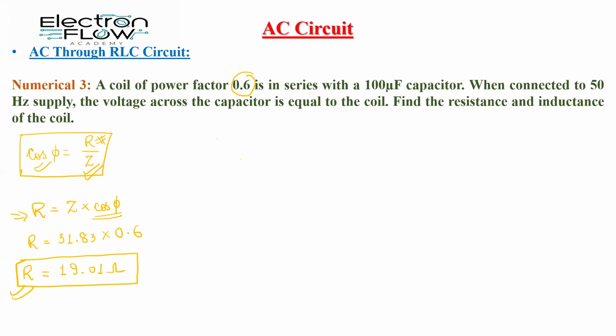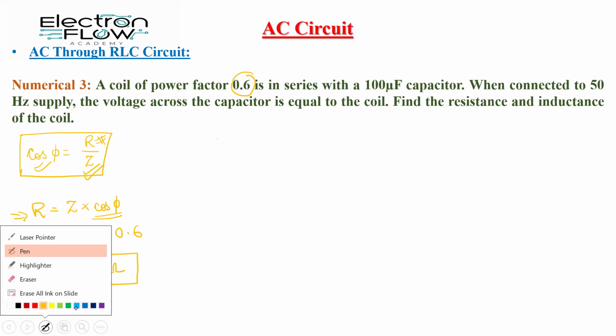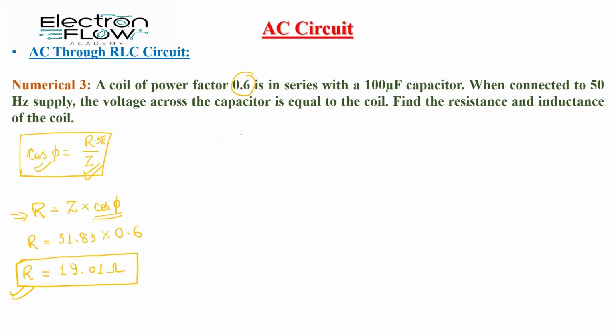Next, as I said, cos phi is equal to 0.6, which is given to us. This means sin phi is equal to 0.8.